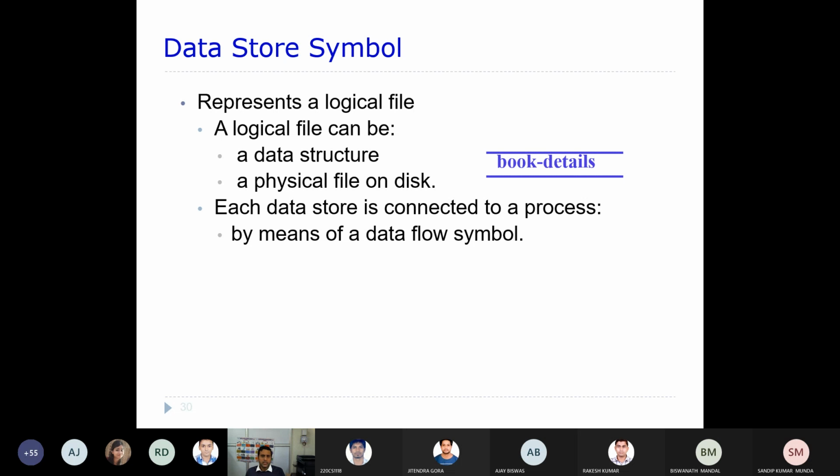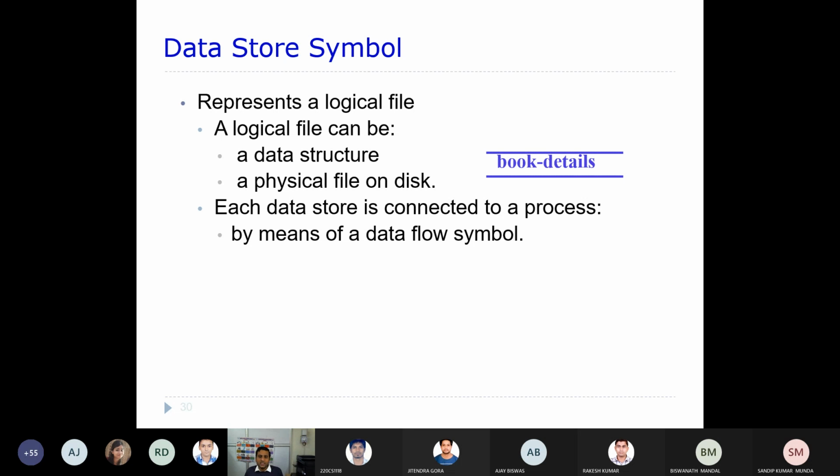And your data store simply represents a logical data structure or a physical file on disk, where you can store the data. In computer terminology we call it a logical file, data structure, or physical file on disk, but we are not going to write it that way.